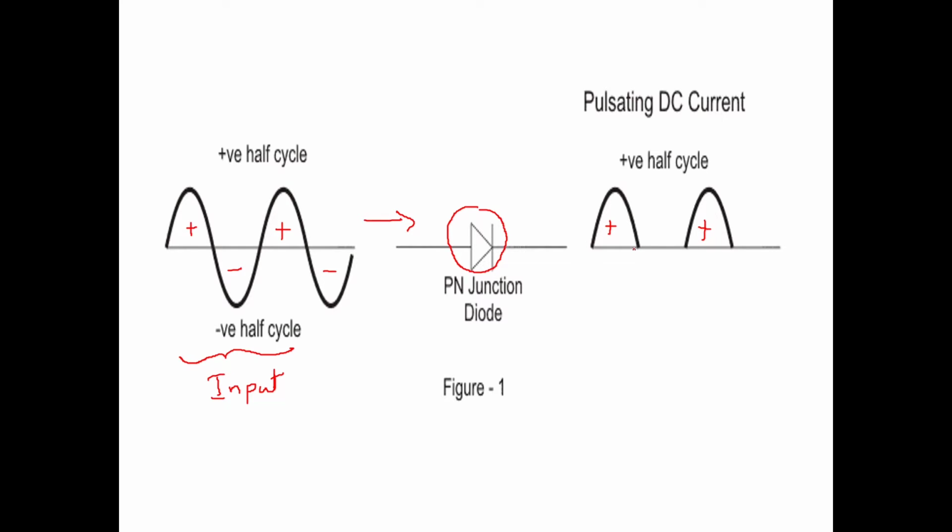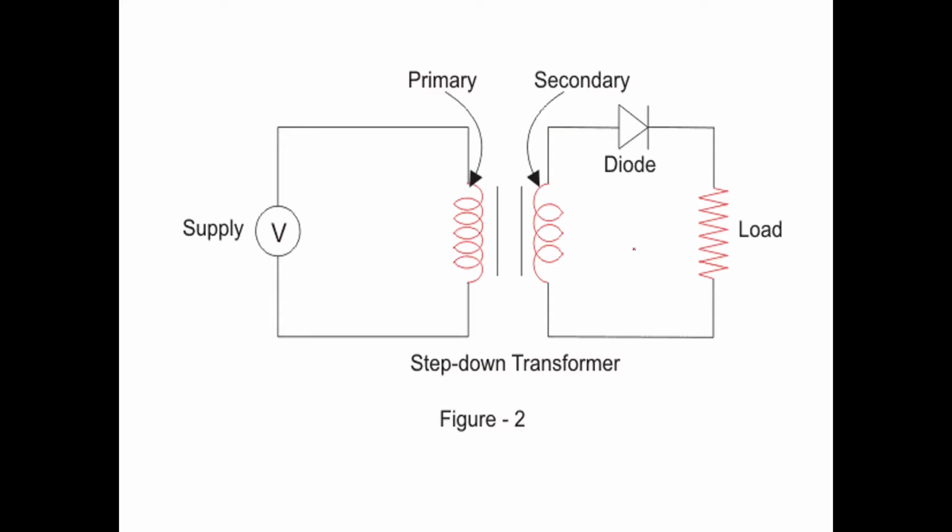This can be converted into a circuit like this. You have an input voltage here, which is called the supply voltage V. So here you can have this input, which is an alternating quantity. And then here you have the primary of the transformer. This is the primary coil of the transformer.